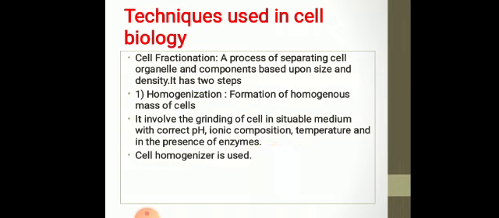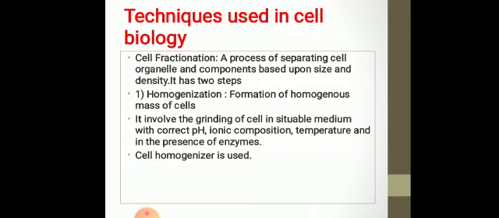Because we know that cells have a cell membrane, and plant cells have cell walls. So you cannot just put the cells into a grinder, a blender or homogenizer, and break down the cell components. You just can't grind the cell.